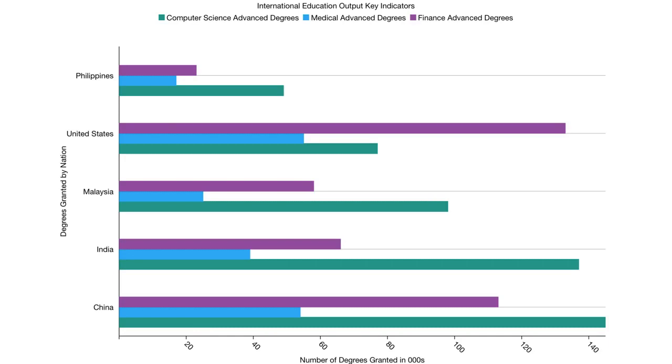And then the US coming over here, so there's 120, there's 140. So that's coming down there probably somewhere over 130. So that gives us some bearing in how we're looking at the numbers. So the US would have 130,000 finance degrees. So let's continue on with our lesson.